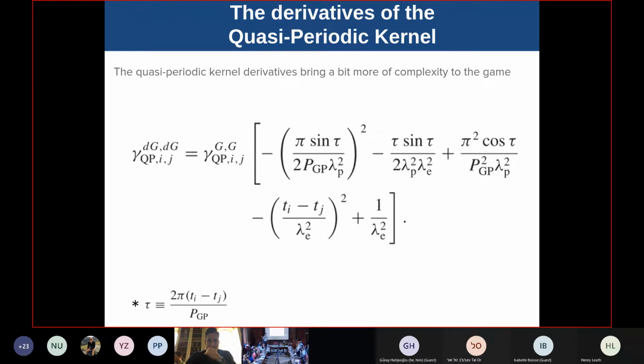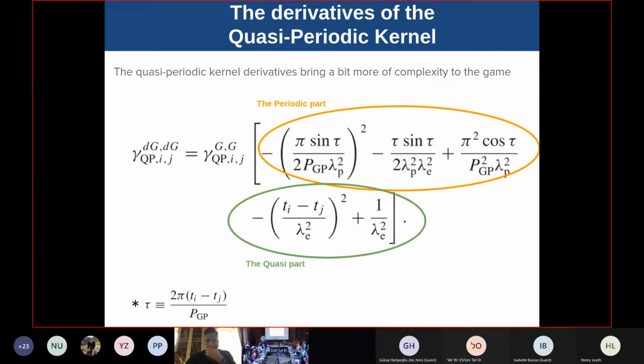So when we want to include this in our covariance matrix to compute Gaussian processes, now the periodic part is this, the quasi part is this. If we imagine this enters in the equation, of course it adds more complexity to the functions that we are using to describe our stellar signal, and this has really interesting behavior in the time series that we have been observing lately in some stars, and they are really fun.